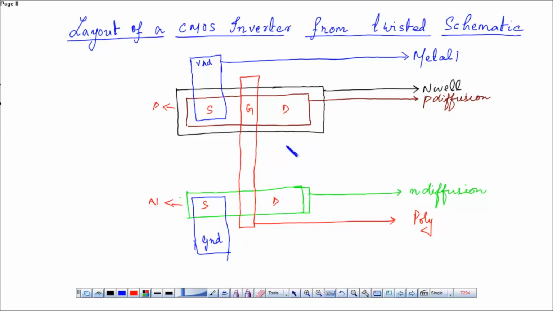This is also metal, and since this is the input, the output is obtained across the drain terminal. So this is the out, this is the input, this is the output. Now for placing the contacts, let me take the black line here.